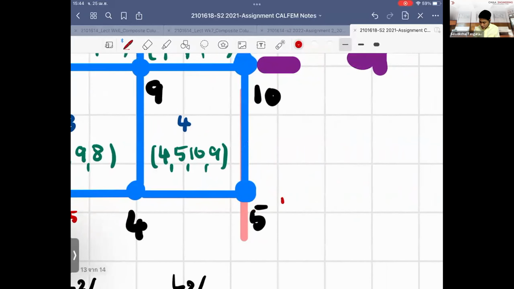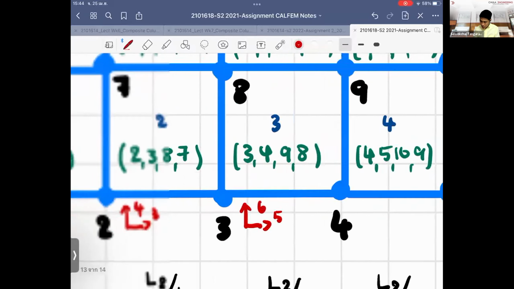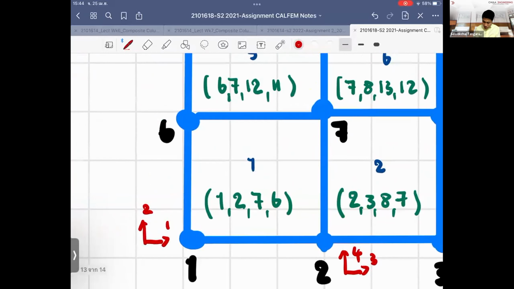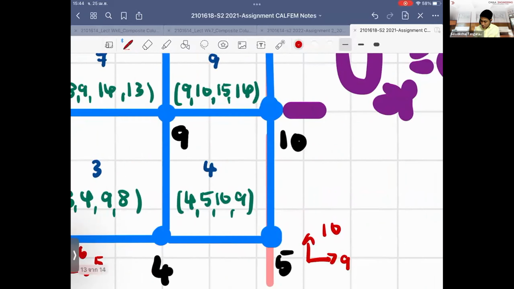Right up to this one here, you have 9, 10. And if you go on the second line, you have 11, 12. You go to the end, this is 19 and 20 and so on.